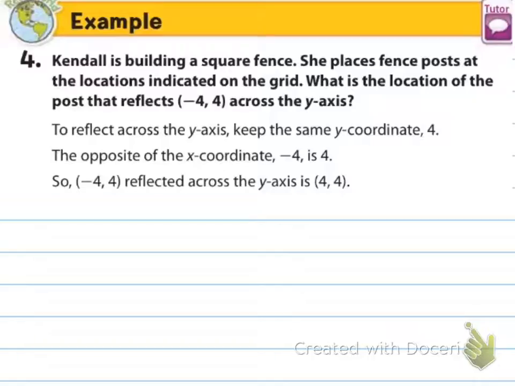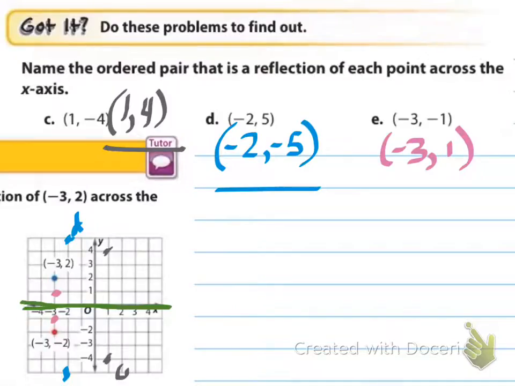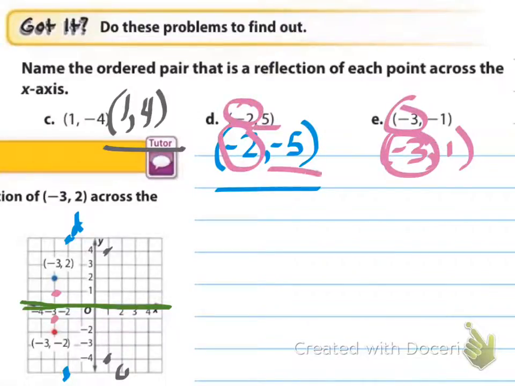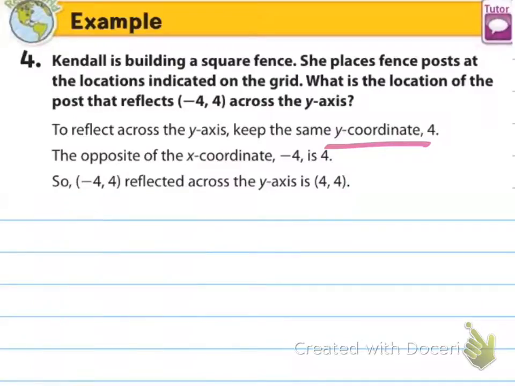To reflect across the y-axis, we keep the y-coordinate the same. So just like we did here where all of our x values stayed the same and our y values were opposites, that was when we reflected across the x-axis. The x's stayed the same. Now that we're going across the y-axis, our y's are going to stay the same, and we're going to find the opposite of our x's. So that means it'll be (4, 4).